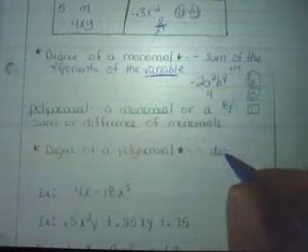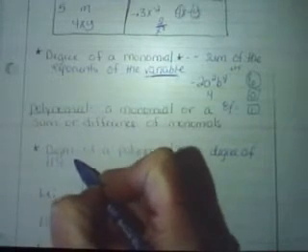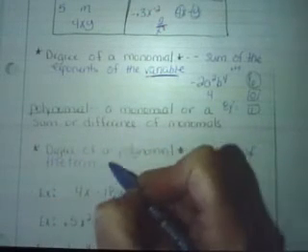To find the degree of a polynomial, you're going to take the degree of the term with the greatest degree.